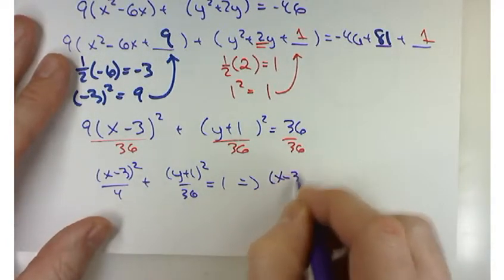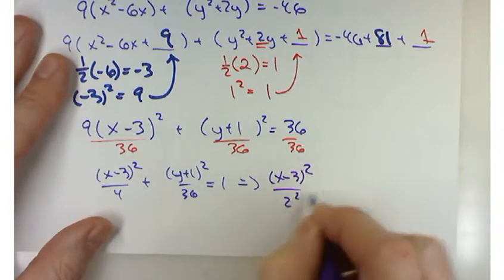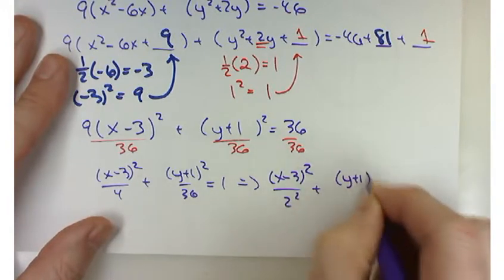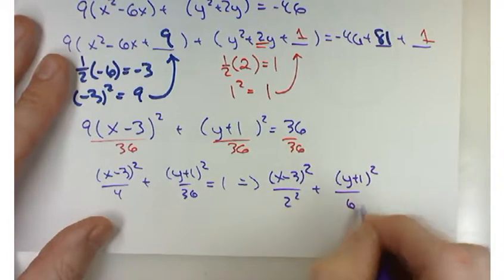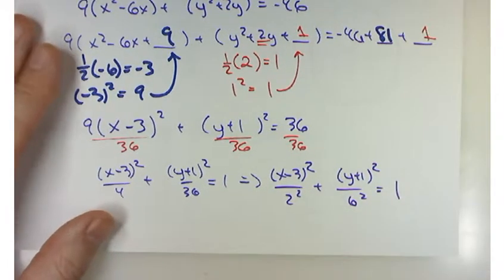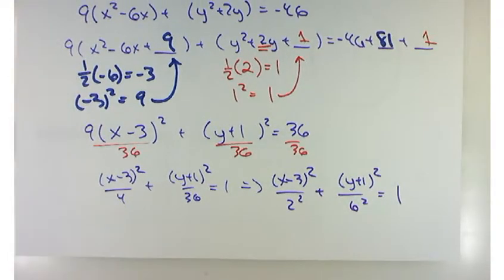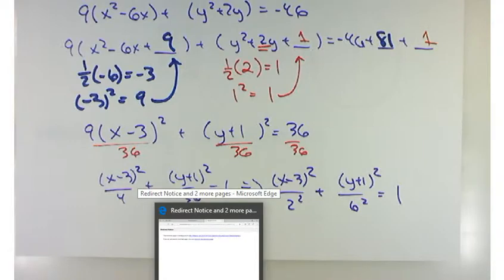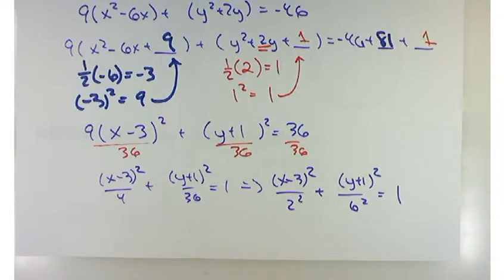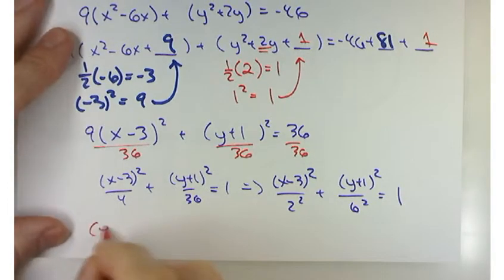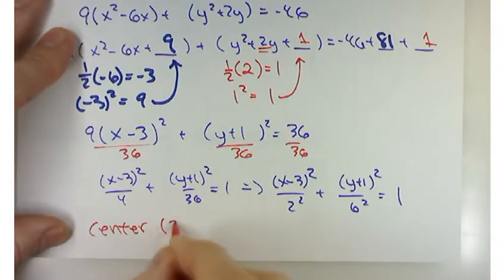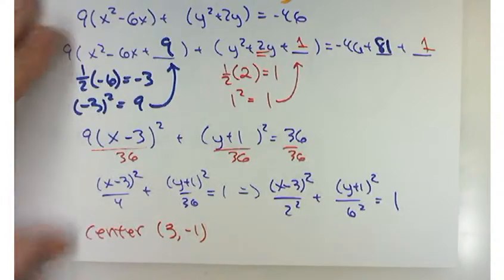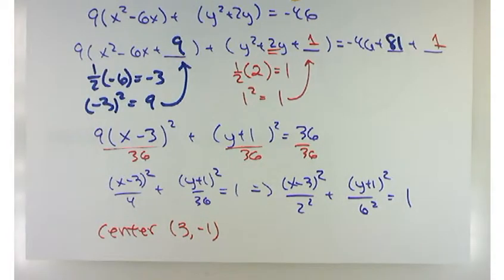X minus 3 squared over 2 squared plus y plus 1 squared over 6 squared equals 1. Yay. So what's the center on this one? Good. 3 and negative 1 is our center. Center is at 3 and negative 1. All right, so I think we're in good shape.